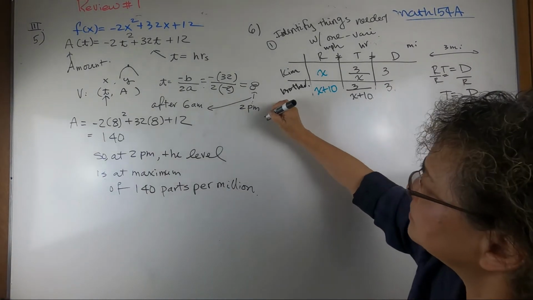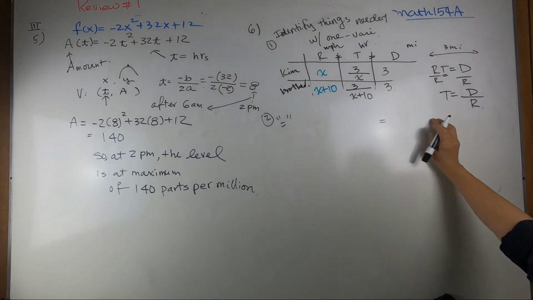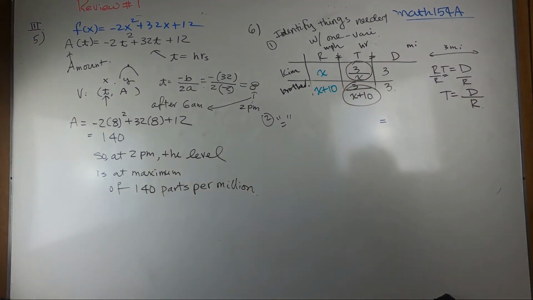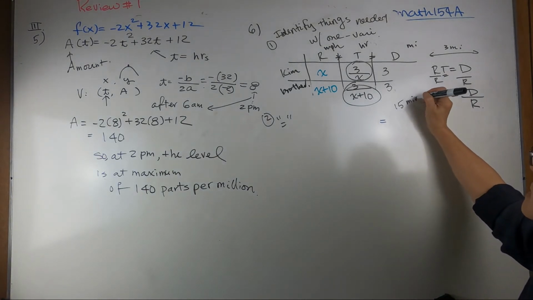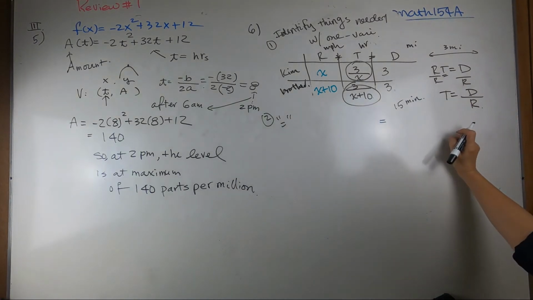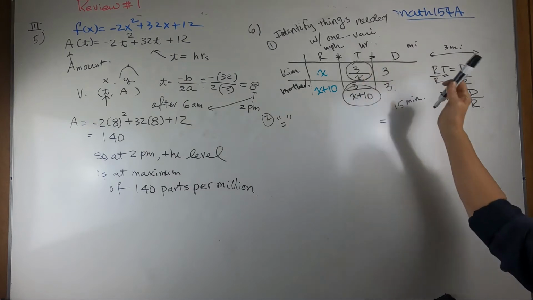Then second, you write your equation. Often you make a mistake, right? What's the difference between these two times? 15 minutes, right? Because the brother started 15 minutes later, and then they arrived at school at the same time. But you don't put the 15 here because we calculate by the hours.